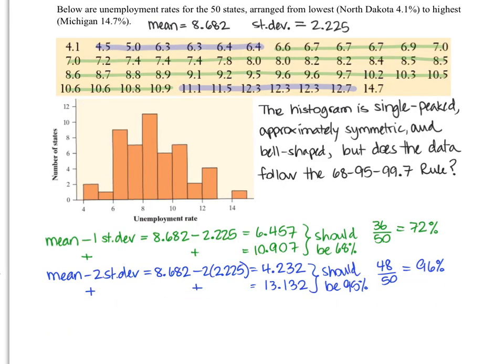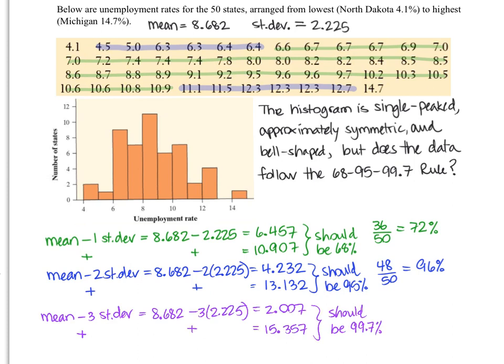For the sake of completeness, let's go ahead and calculate the boundaries for plus and minus 3 standard deviations from the mean. We've got those boundaries, and that will encompass the last two values because our boundaries are 2.007 and 15.357.